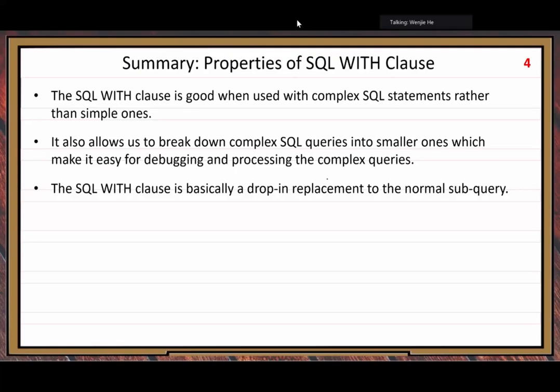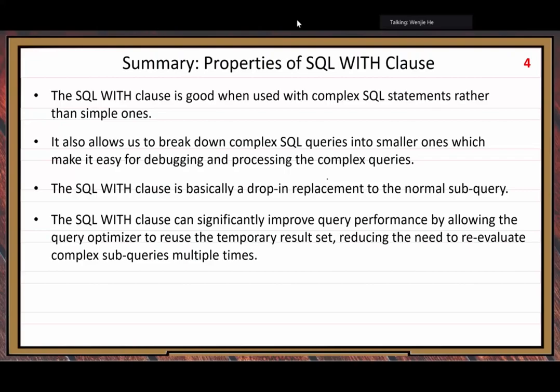The SQL with clause can significantly improve query performance by allowing the query optimizer, inside the DBMS, which tries to improve the structure with special algorithms to make queries run faster, to reuse the temporary result set, reducing the need to re-evaluate complex subqueries multiple times.